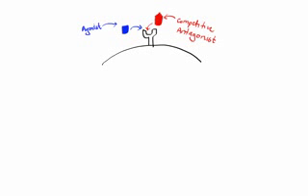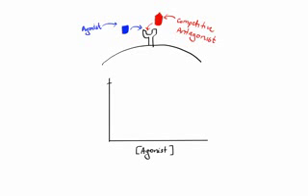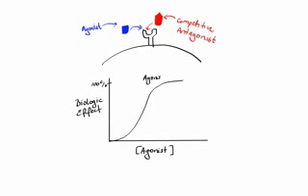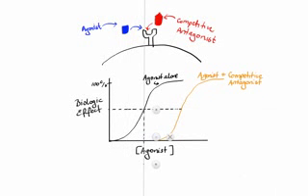The characteristic of a competitive antagonist is that it shifts the dose response curve of the agonist to the right. So for example, if the agonist is some drug, in the presence of a competitive antagonist we need higher concentrations of that drug to get half of the max effect, which is EC50, so potency is reduced.